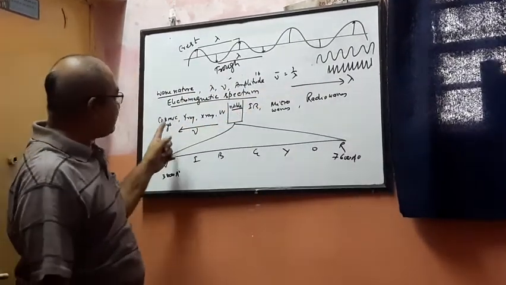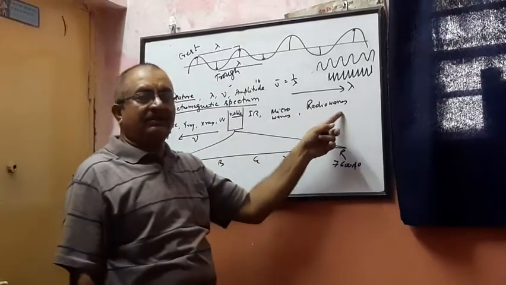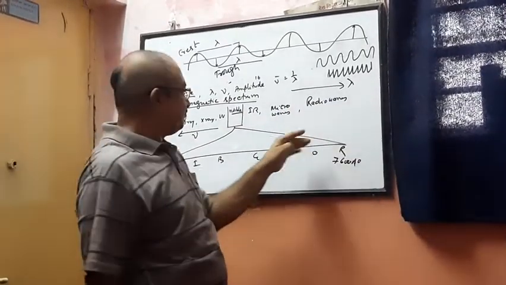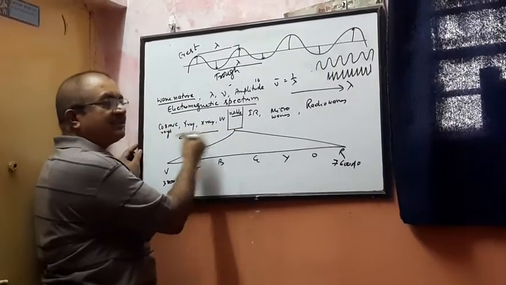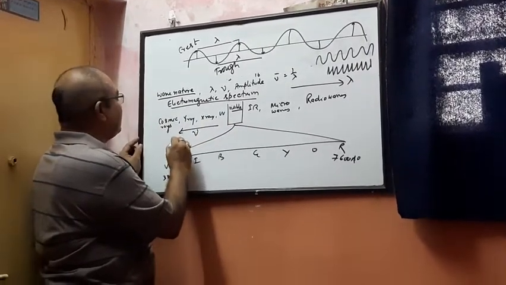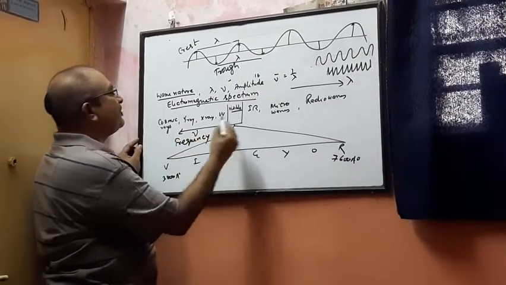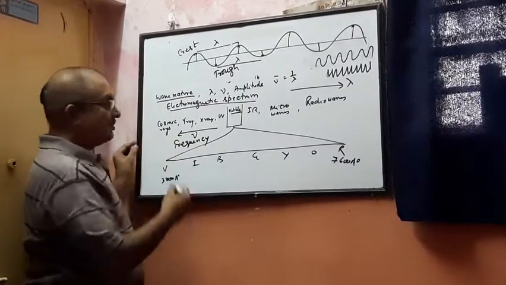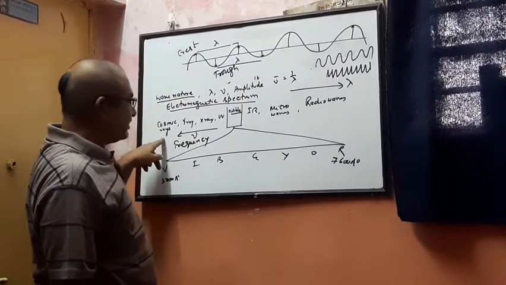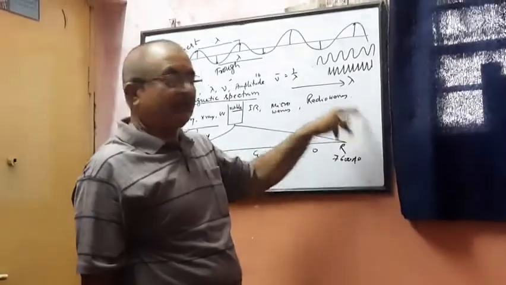It means cosmic rays have the minimum wavelength and radio waves have the maximum wavelength. Just below, we have given the arrow of nu, which is your frequency. Frequency is increasing on the opposite side of wavelength. So cosmic rays have the maximum frequency and radio waves have the minimum frequency.